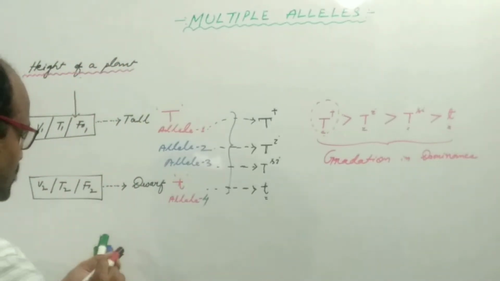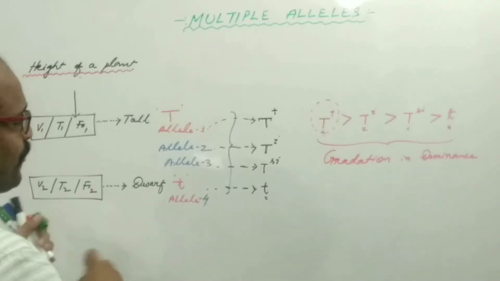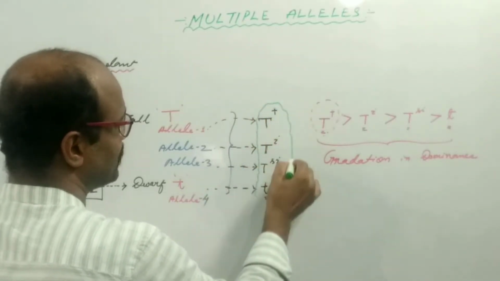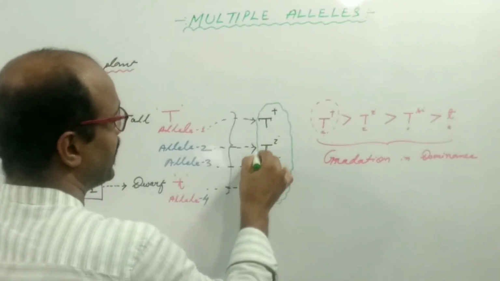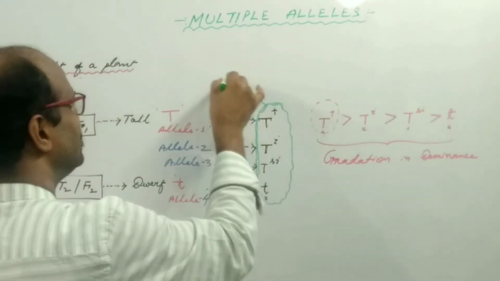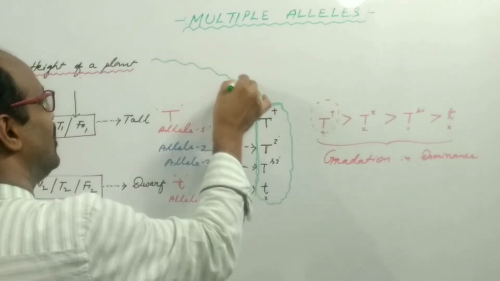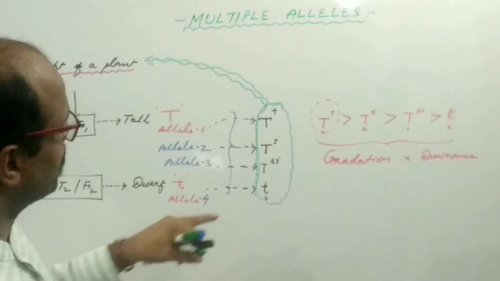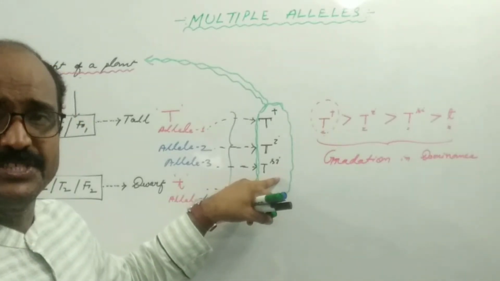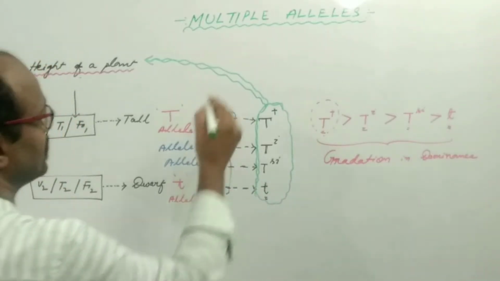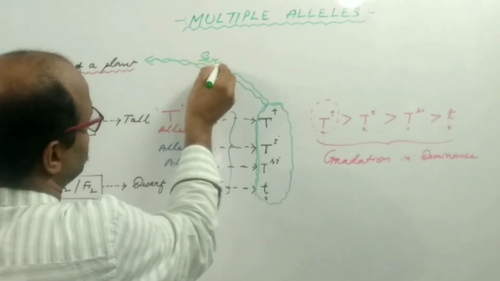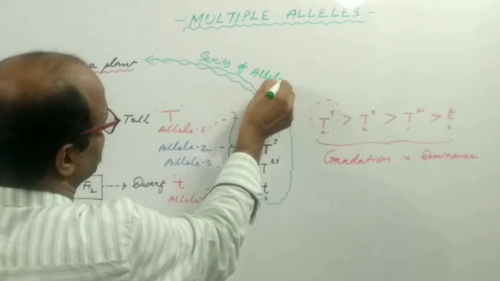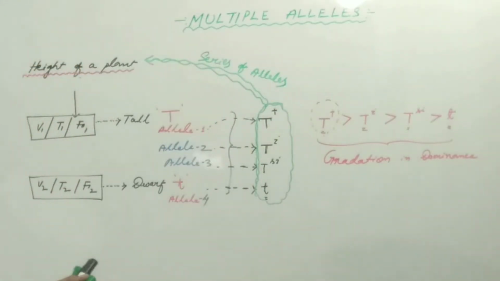Here these are the different alleles of this gene, that's why it is known as the alleles series, the series of alleles.